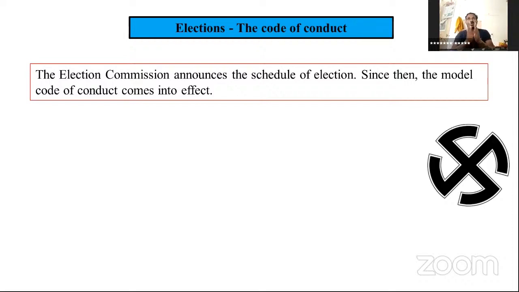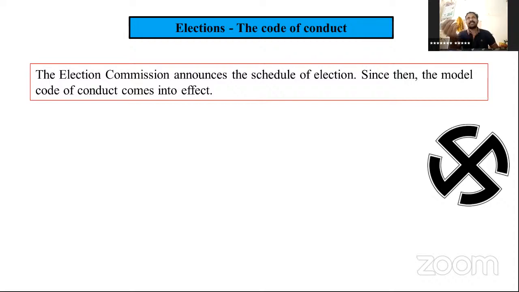The code of conduct has some rules and regulations defined, and if anybody, any political party or political candidate, at the time of election, during the code of conduct, violates the rules and regulations, disciplinary action will be taken by the election commission.